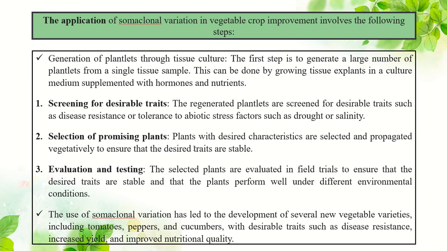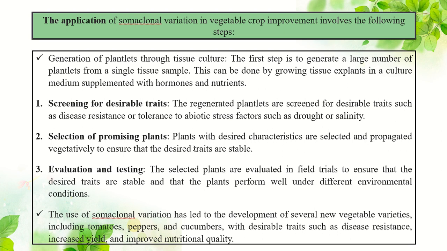As I said, every protocol requires different hormones and a different nutrient medium composition. So depending upon the crop species, you require to set a protocol for plant tissue culture. First of all, you should have this protocol, or you can generate it also.